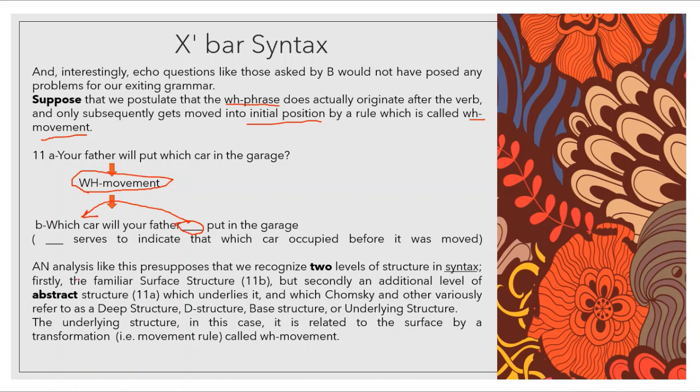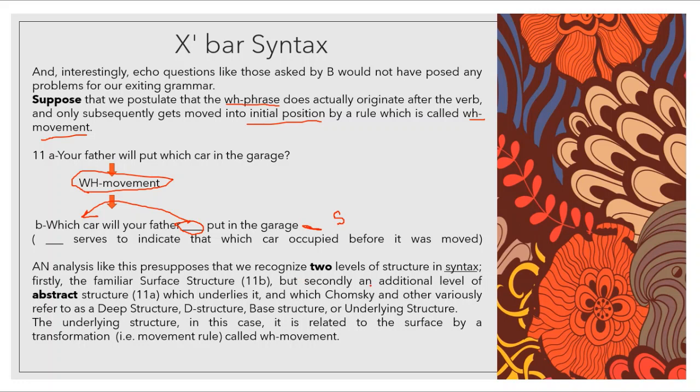An analysis like this presupposes that we recognize two levels of structure in syntax. Firstly, the familiar structure, the surface structure 11b. This is the sentence that we know, and we call this structure the S-structure, or surface structure.